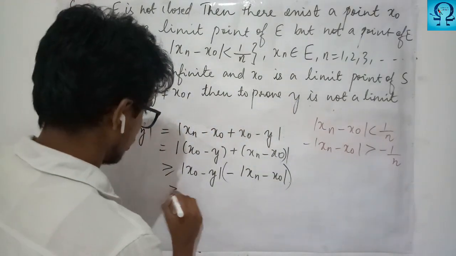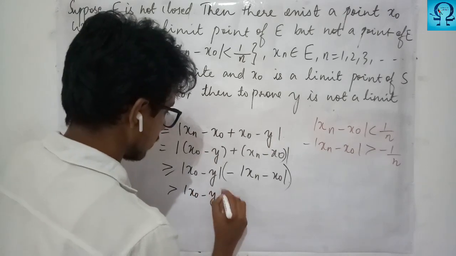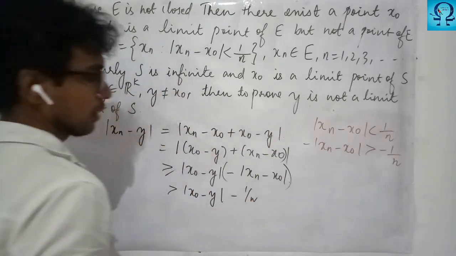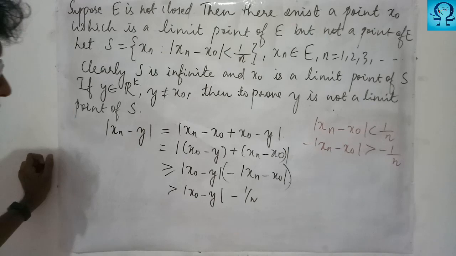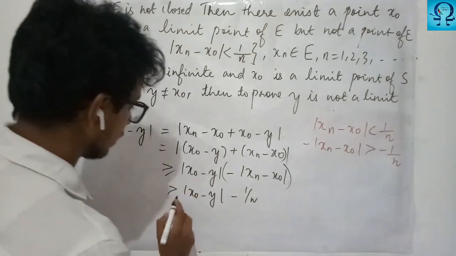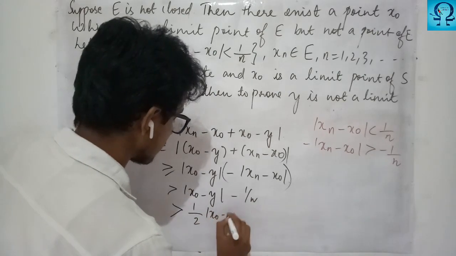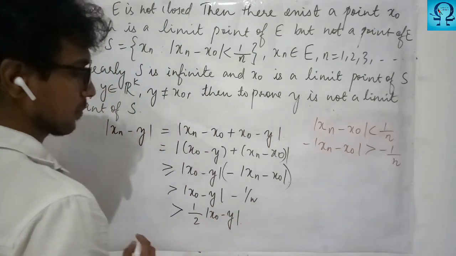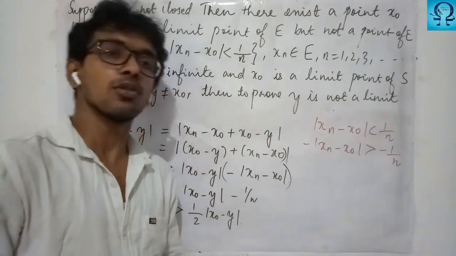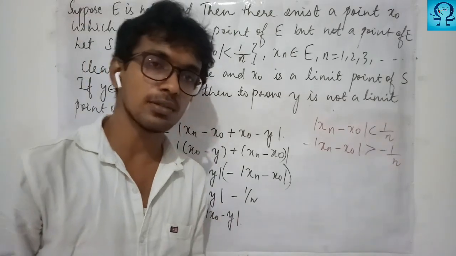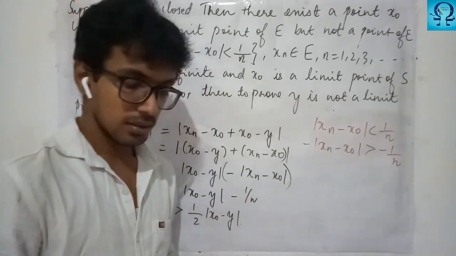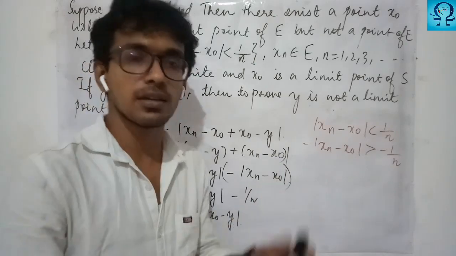So this is going to be absolute of x naught minus y minus 1 upon n. Right? I am telling this is bigger than half times absolute of x naught minus y. When will it be true? Will it be true for all the values, or will it be true for only selected values?